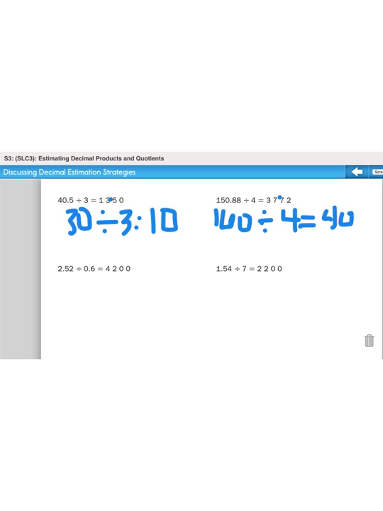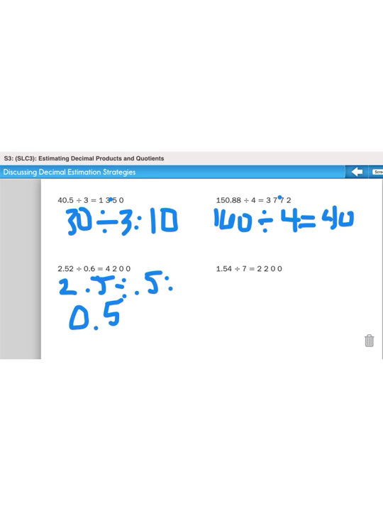Now, 2 52/100 divided by 6/10. Let's round that to 2.5 divided by 0.5. That's my estimate. And we know that that is going to give us 5 for our estimate.